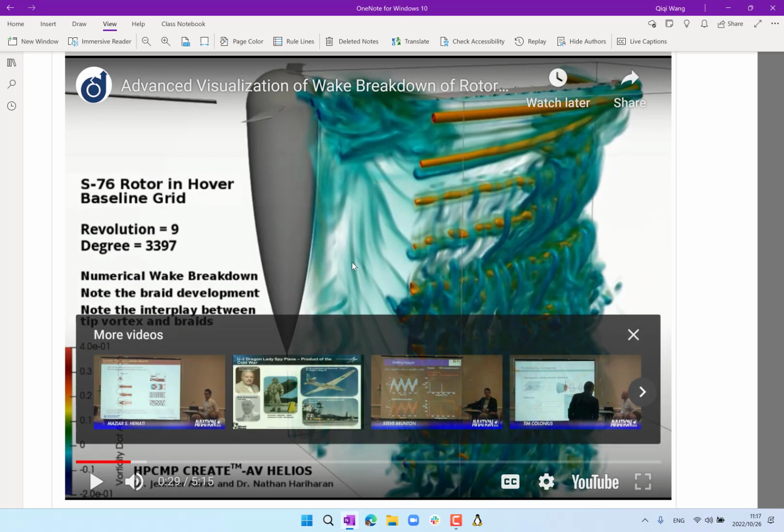So here is the so-called tip vortex, right? So the blade is generating lift, and so there is circulation if you draw a contour around every individual blade, right?